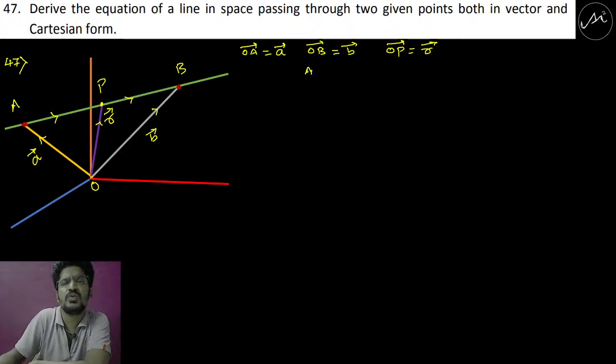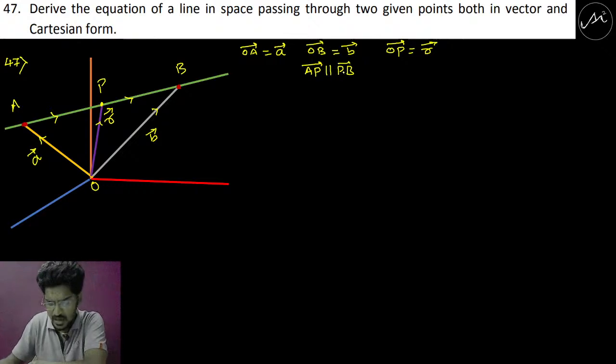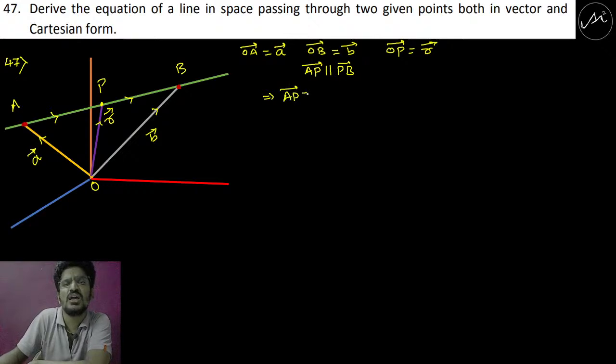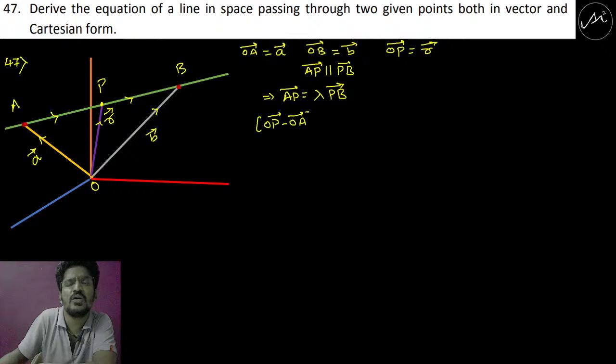From the diagram, the points A, P and B are collinear, so vector AP is parallel to vector PB, which implies vector AP equals lambda times vector PB.